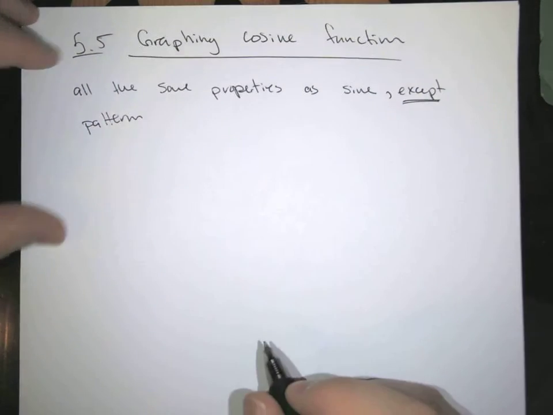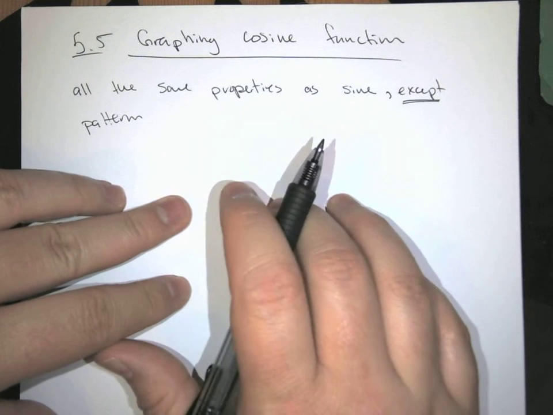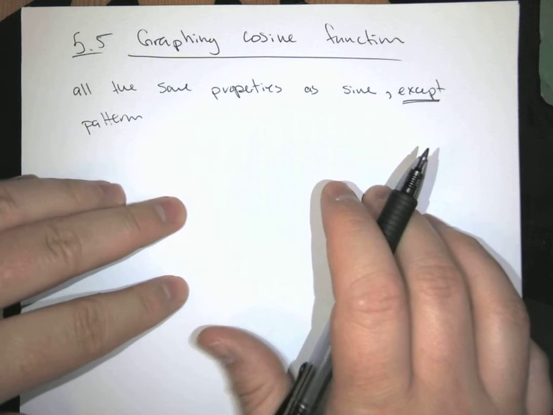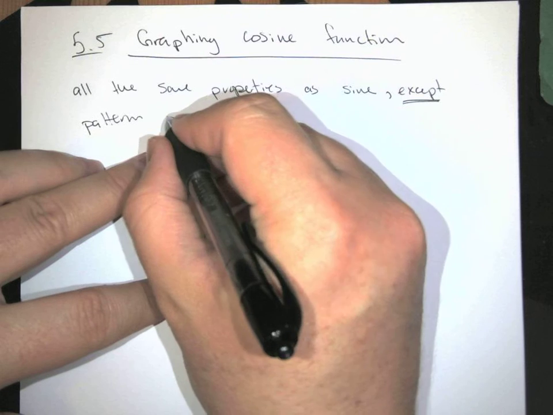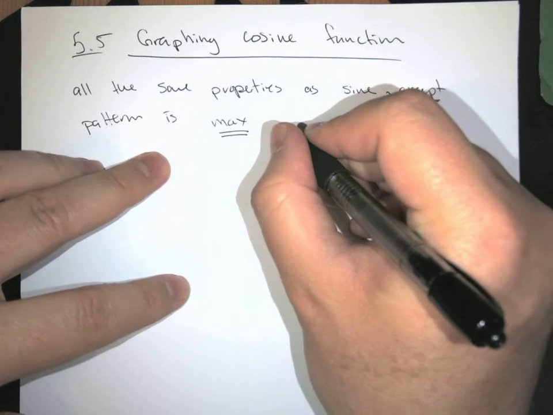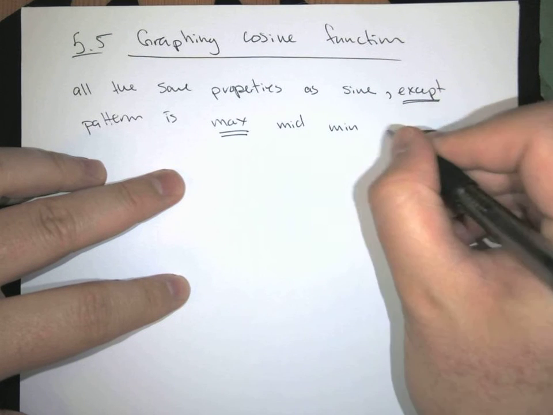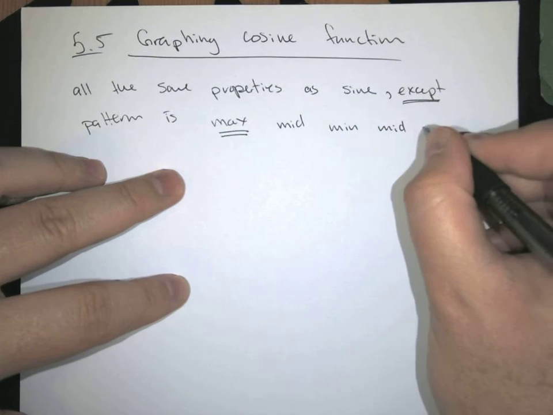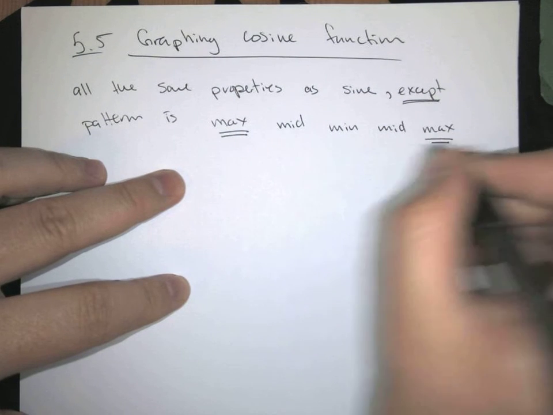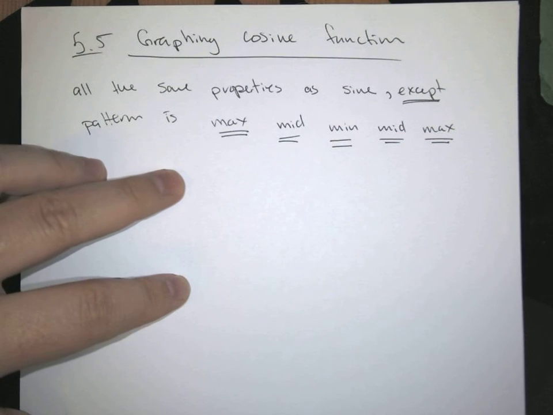Instead of going like the sine curve does, where it's middle, max, middle, minimum, and then back to the middle, the pattern for cosine is you actually start at the max, then you go to the mid, then you go down to the minimum, then you're back up to the middle, and then you finish at the max. I really don't need to double underline all these, but here we are.